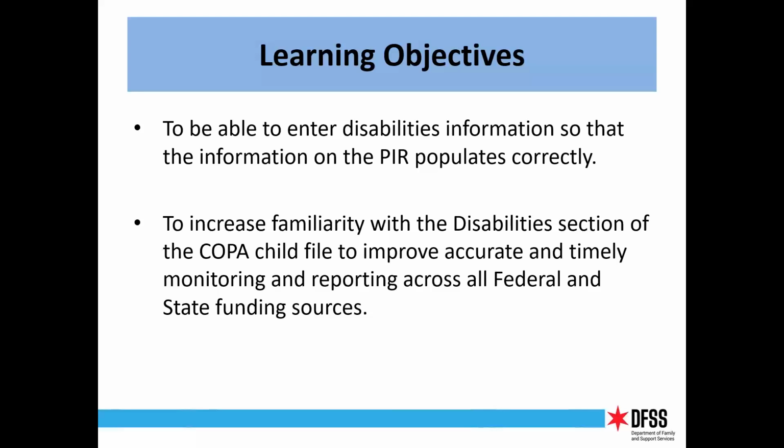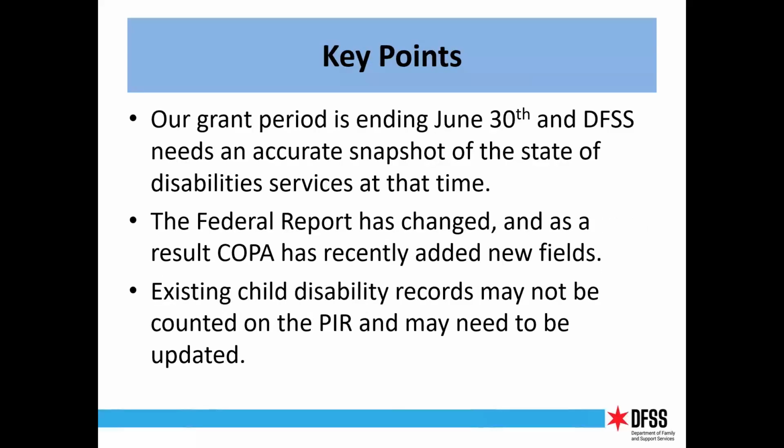So we're going to take a look at those fields and make sure we're all on the same page in terms of what needs to be entered and tracked. So the key takeaway points are our grant period this year is ending June 30th. And although the PIR every year is due as a report on August 31st, the period upon which we are reporting ends June 30th.